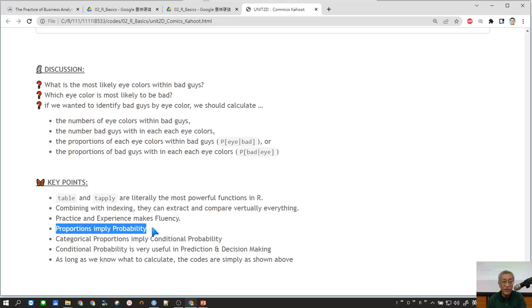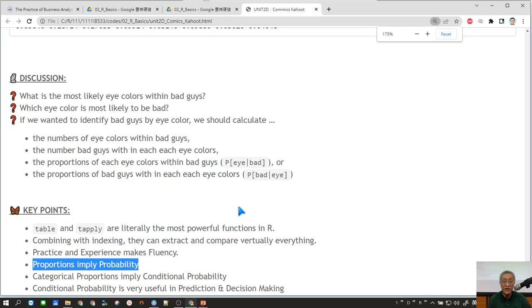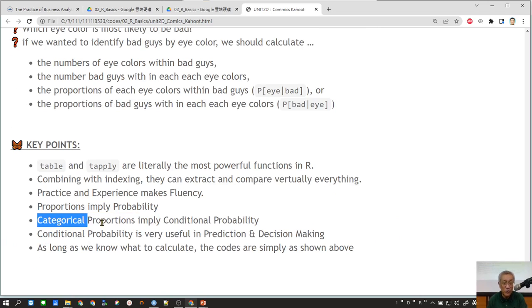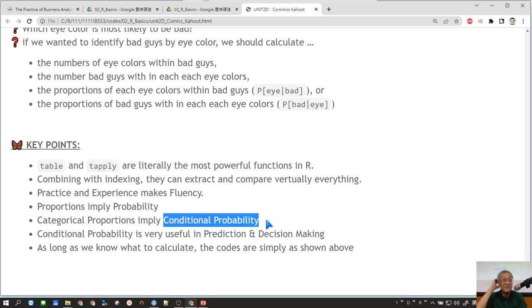Another important thing to learn is that proportion implies probability, right? Okay, and categorical proportion implies conditional probability. See that? And with conditional probability, with this categorical proportion, we actually can make business decisions, right?